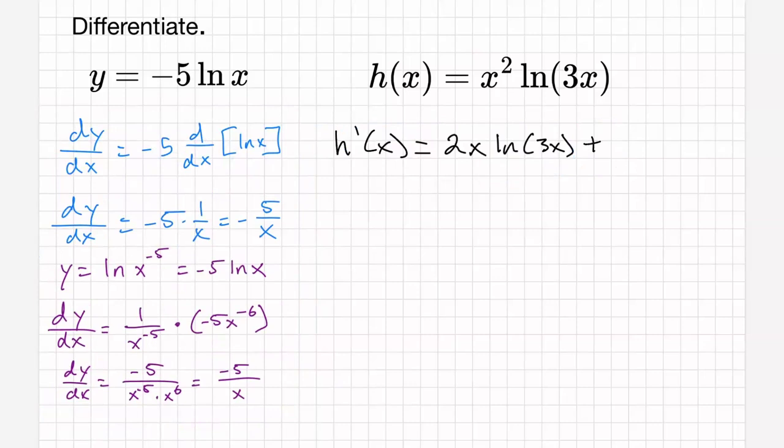So you did the derivative of the first times the second, right? Plus, then we just need to flip that. So since you did the x squared first, here we would need to do 1 over 3x times 3, and just don't forget, keep your x squared, okay? Now, you said 3 over 3x, that's perfectly fine. Nothing's wrong with writing it that way. What works nicely in that simplification, though?